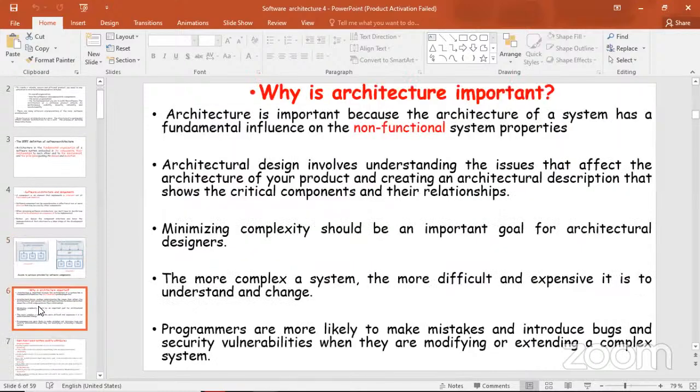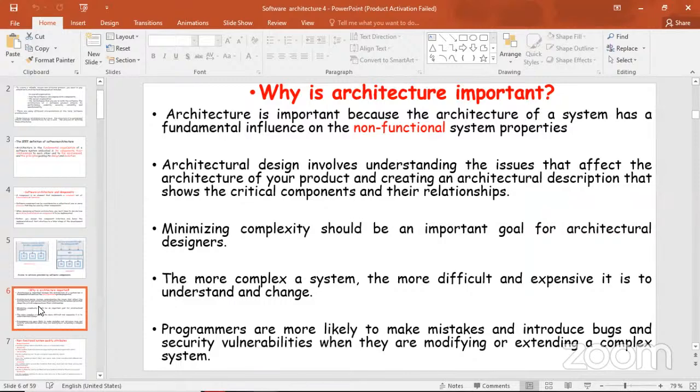So why is architecture important in software design? Architecture is important because the architecture of a system has a fundamental influence on the non-functional system properties. So what are non-functional system properties? We'll look at that shortly.